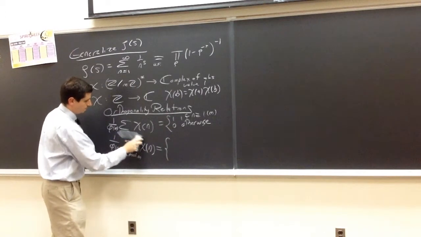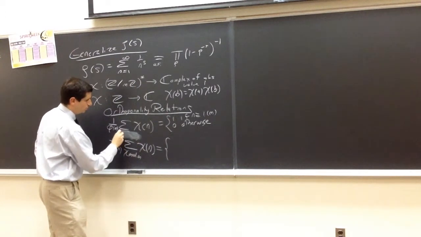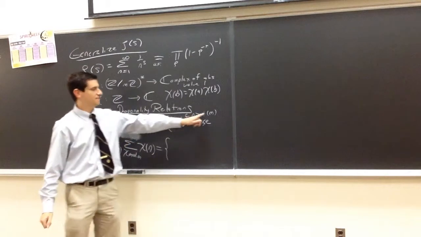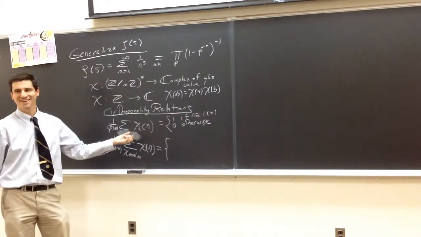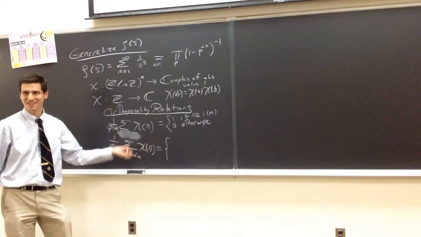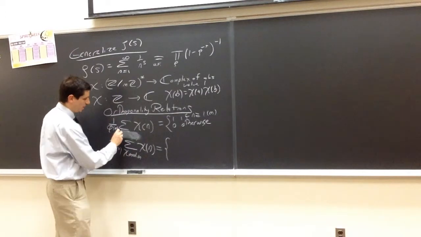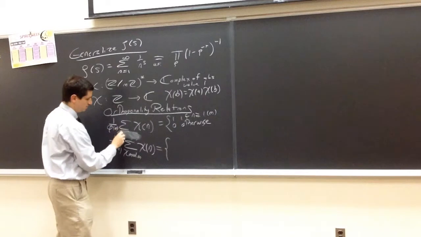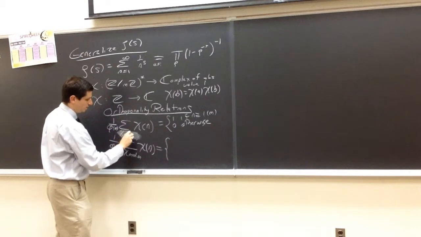I'll do it this way. So we'll do just chi mod m. But if I'm summing over n, I'm mixing up the two parts over here, right? So we can either keep this over here or we can sum over the characters. So sum over the characters chi mod m.